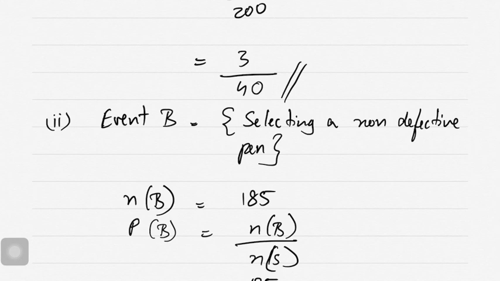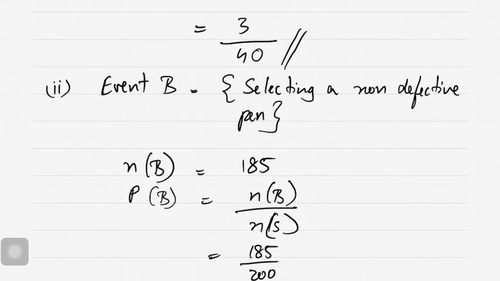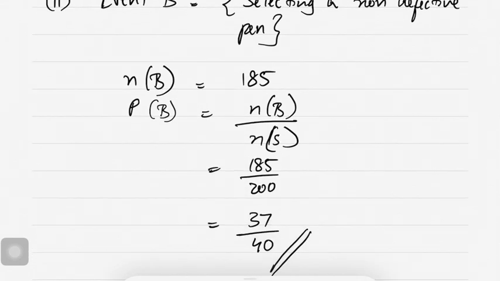Okay. So the other way to solve this is, you have to find event A the same way.